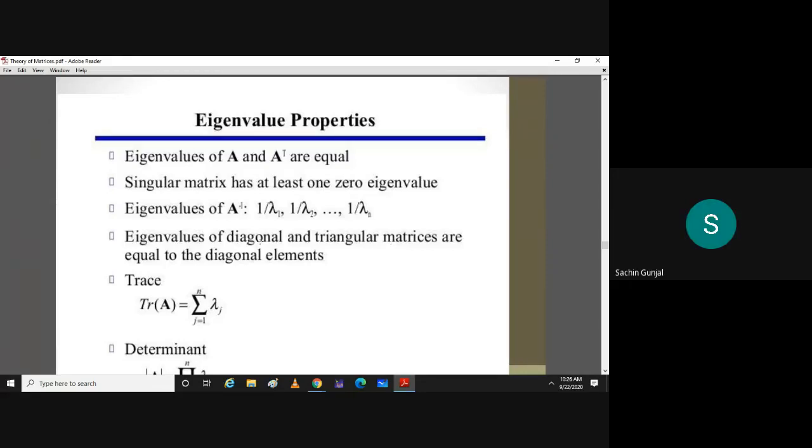And then this last point: sum of eigenvalues is nothing but trace of A. Write down sum of eigenvalues, this symbol is for summation. So lambda 1 plus lambda 2 plus lambda 3 is nothing but trace of A. Let us observe it here.